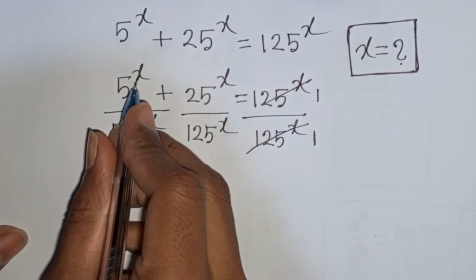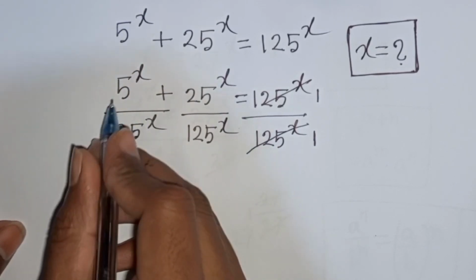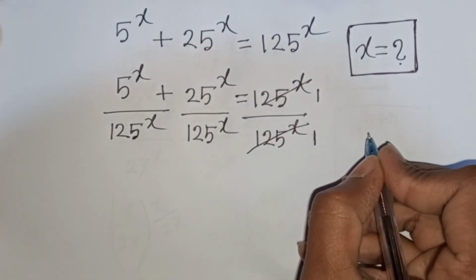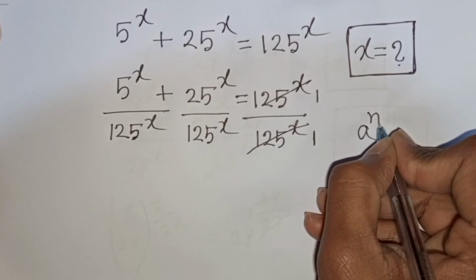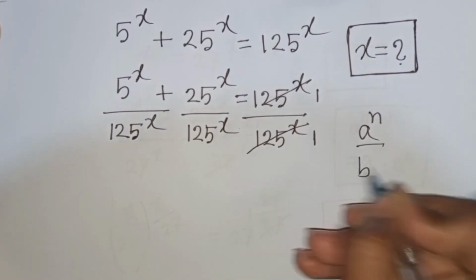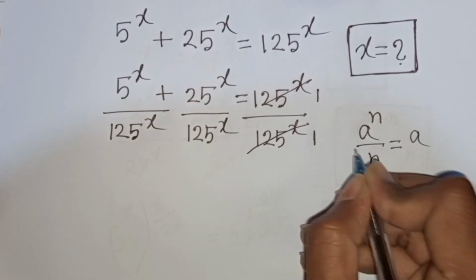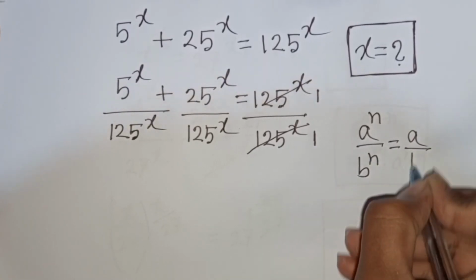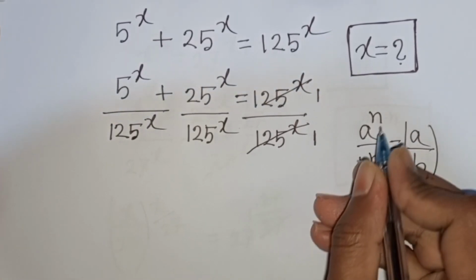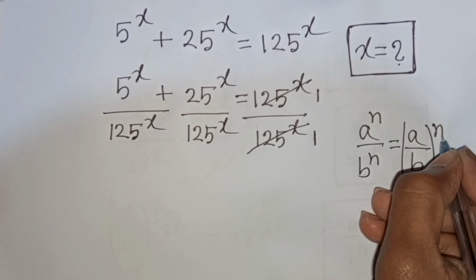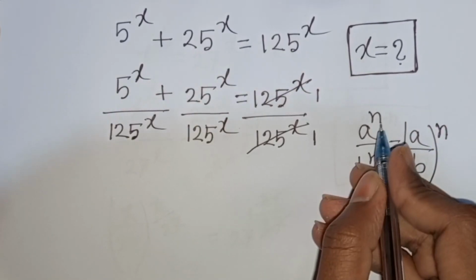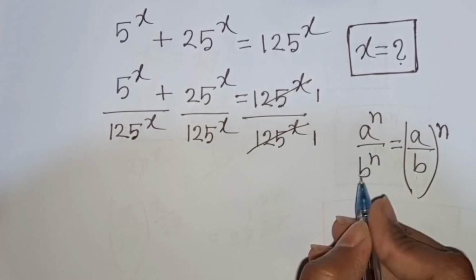Now from here we see x same power but different base. So remember this formula: a power n over b power n is equal to a over b, then bracket common power n. That means n same power but different base.